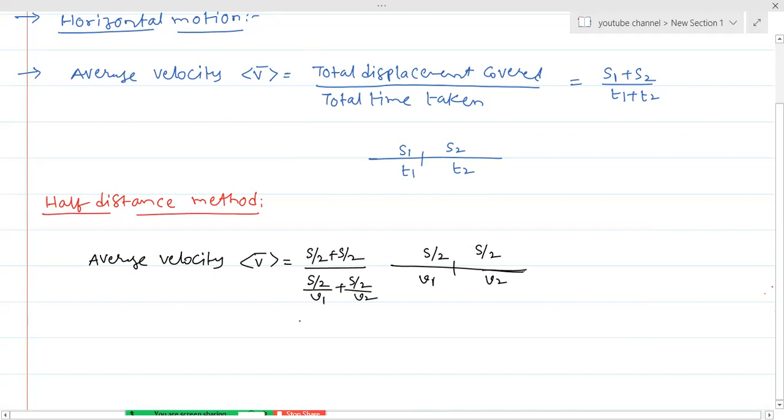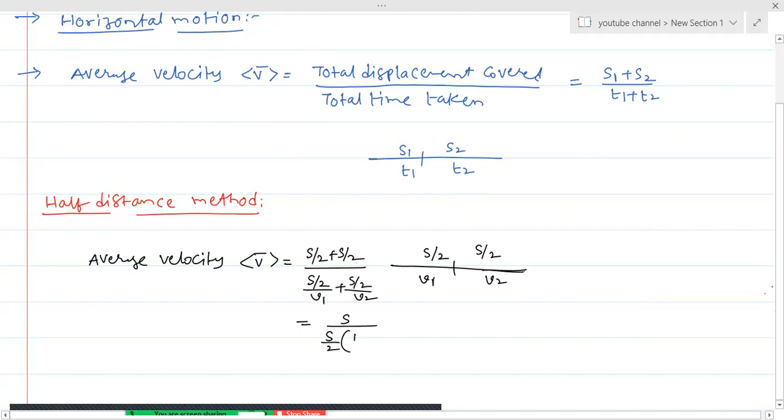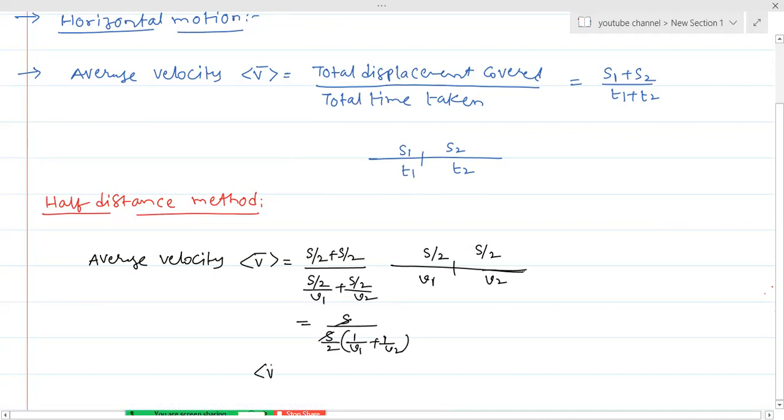That is equivalent to s, where s by 2 is taken common, into 1 by v1 plus 1 by v2. So s and s get cancelled. Then we get average velocity equal to 2v1 v2 by v1 plus v2.